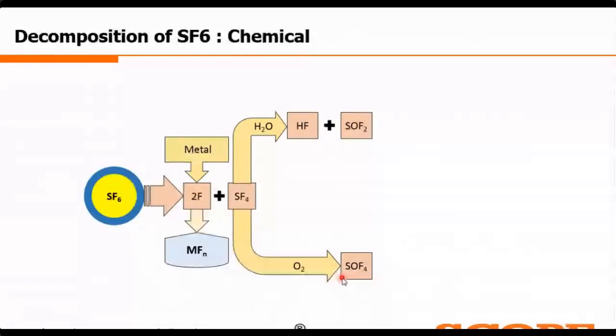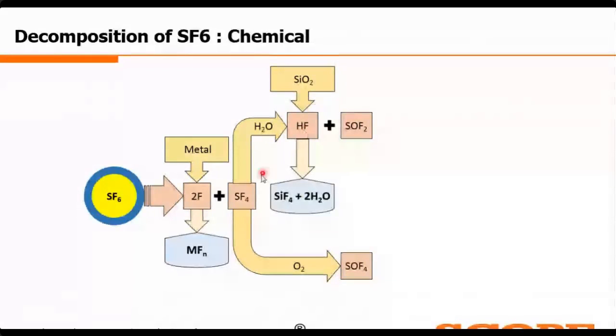But these are not stable byproducts. Now, the HF will react with SiO2 and form silicon tetrafluoride, and you can see additional moisture is forming. So once moisture enters the gas compartment, a chain reaction will start to happen, and additional moisture starts to form.